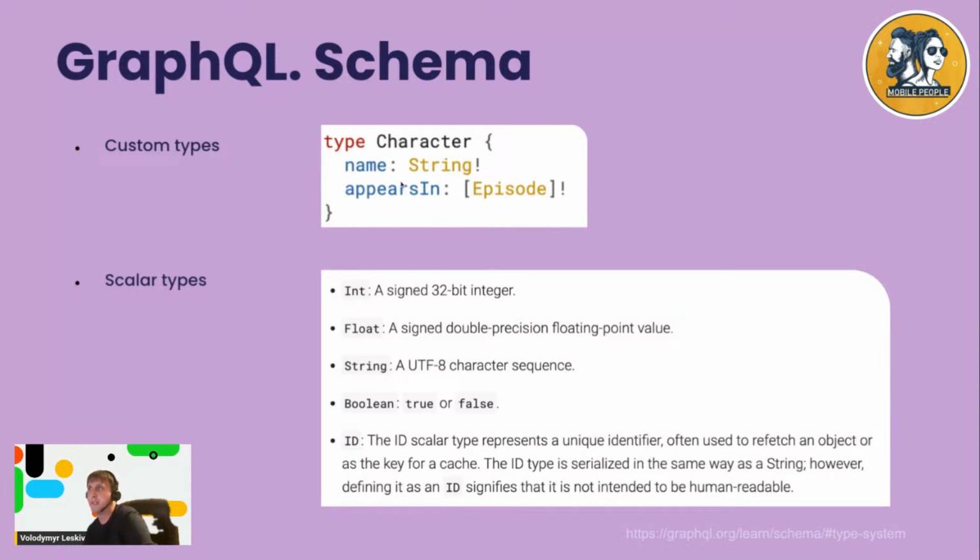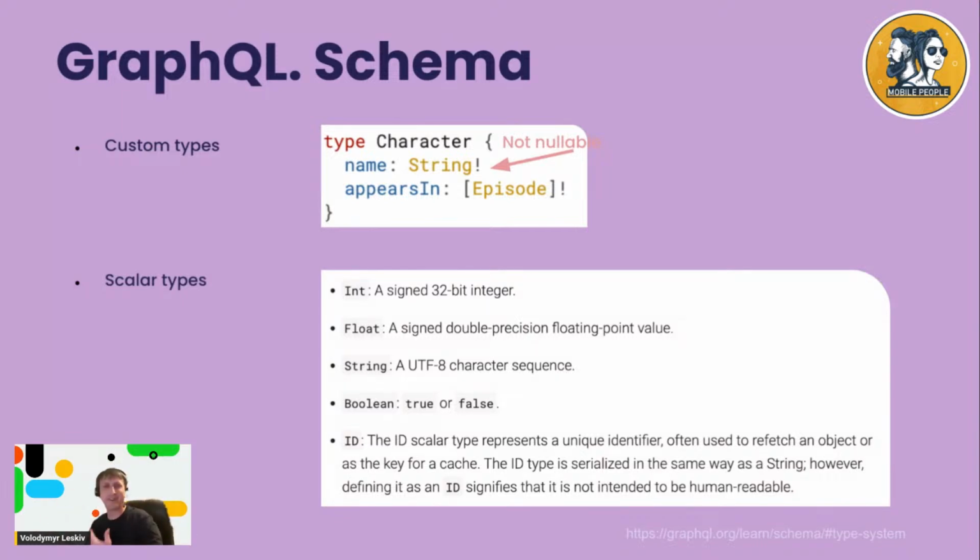So what could be in the schema? In the schema, we could have custom objects. You can see the custom type Character with some fields, name and appearsIn. This exclamation mark means the field name is not nullable. It's always confusing for Kotlin developers, because in Kotlin we have a question mark, which means the field is nullable, whilst here we have an exclamation mark, which means the field is not nullable.